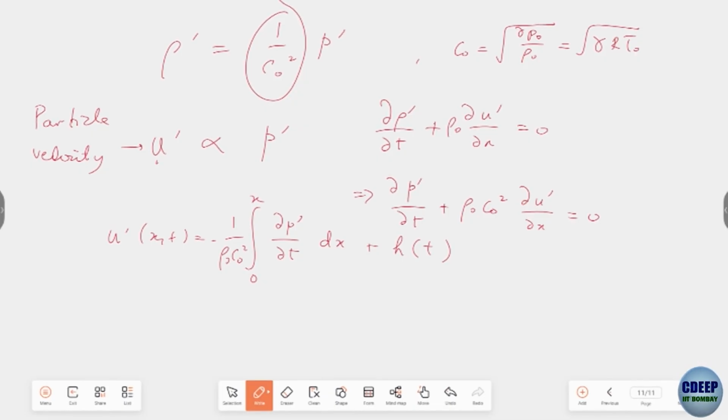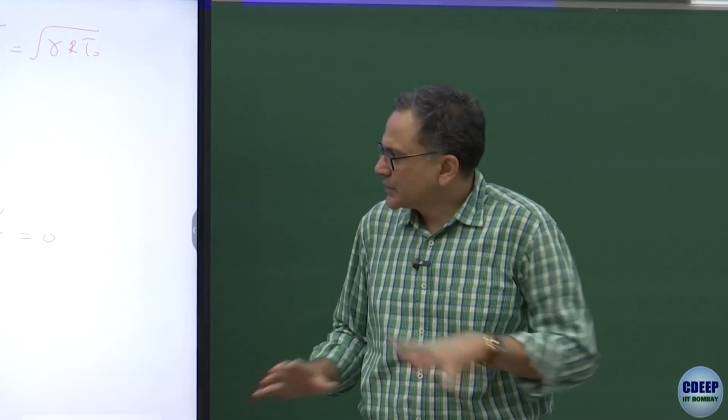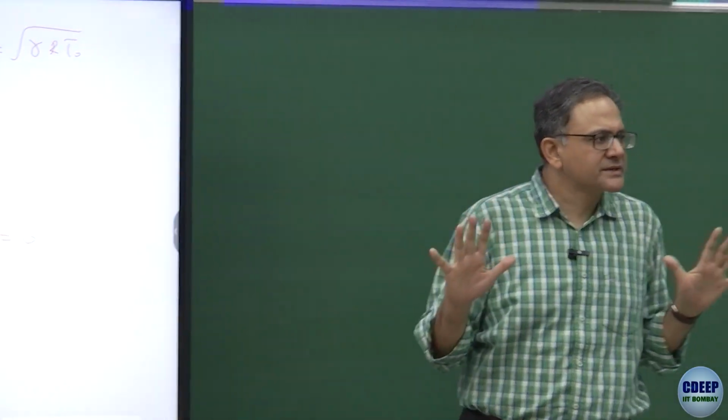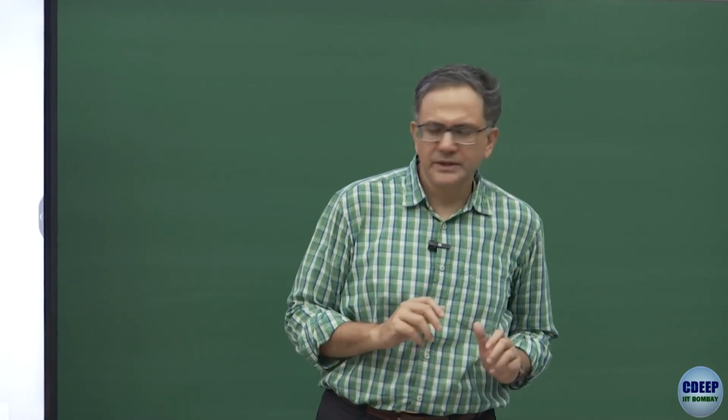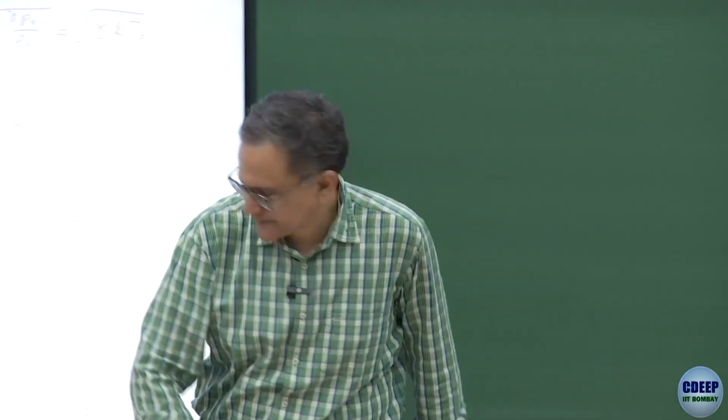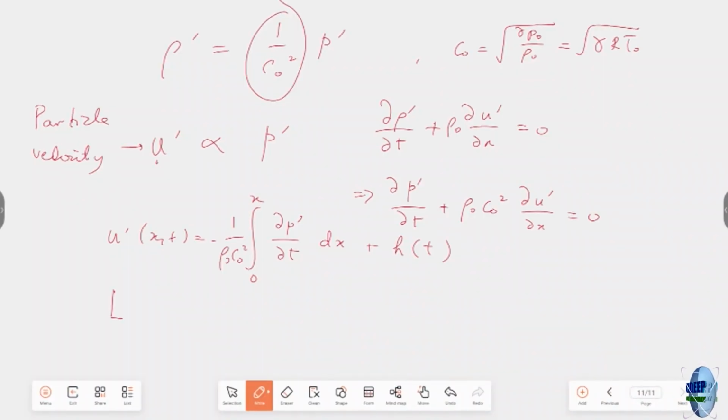Now I'm going to do another hand waving thing. I'm going to separate the problem into two parts, again using D'Alembert's contribution. I'm going to first consider that P prime is just f, there is no g, and then I'll let you figure out what will happen if it is just g, no f. That will help us get the derivation faster. So let P prime of x and t be exactly equal to just f of x minus C naught t, that is a rightward propagating wave.